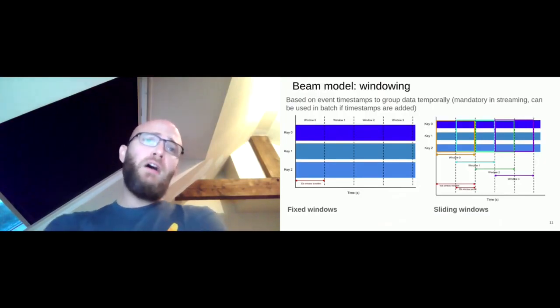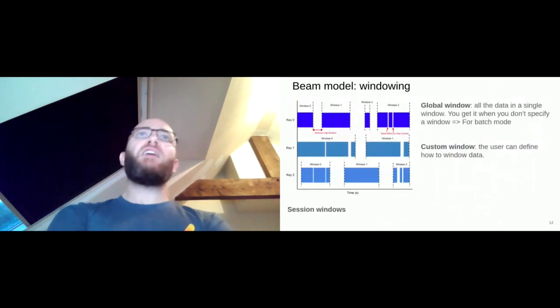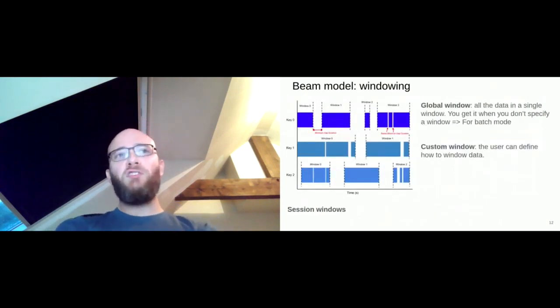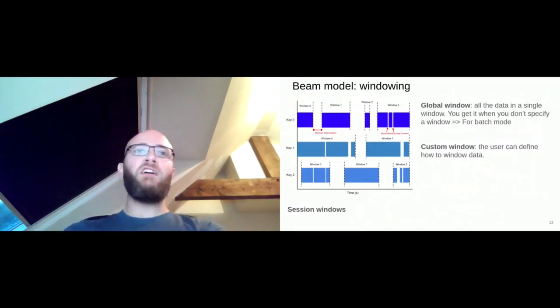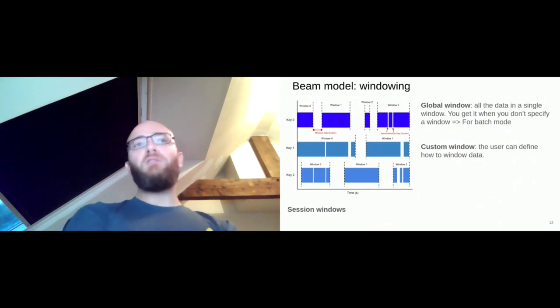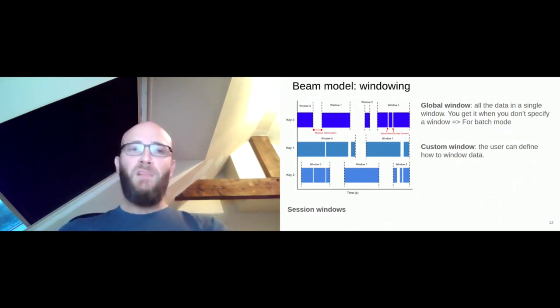We also have the session windows that are very similar to web sessions, meaning that they are defined by a gap duration. So let's say we have a 30 seconds gap duration set. If we receive no elements for more than 30 seconds in event time, then the next element will be considered as belonging to the next session.